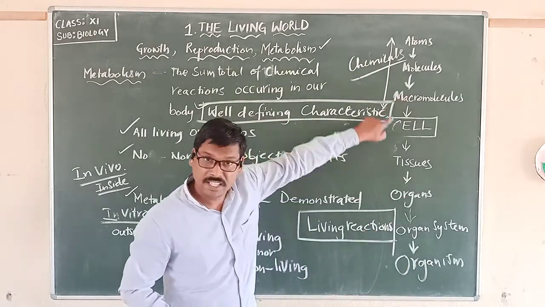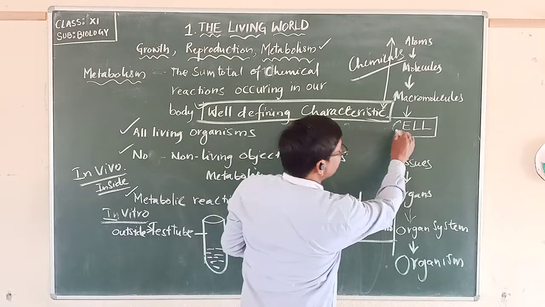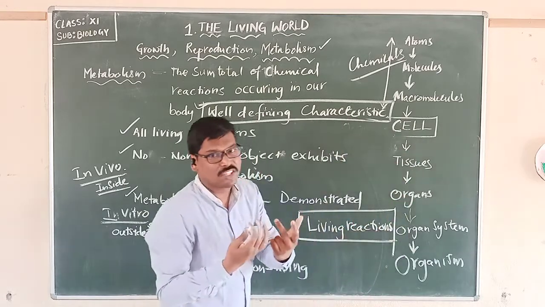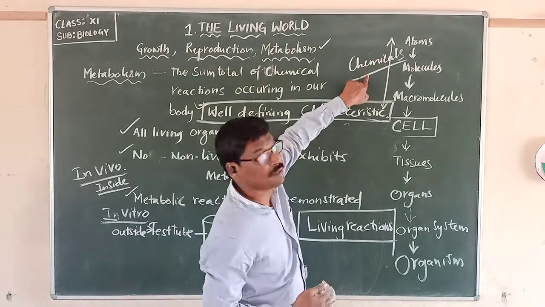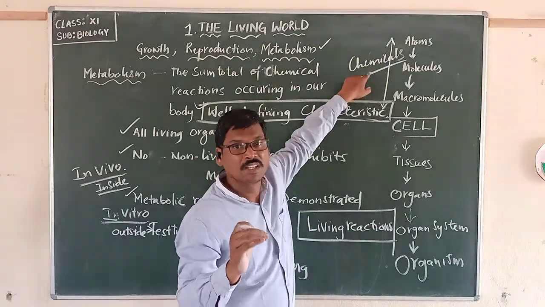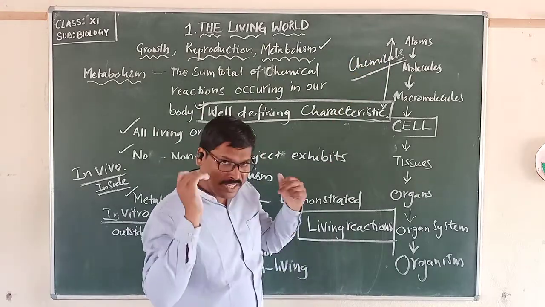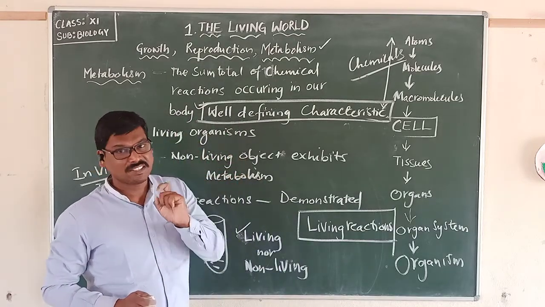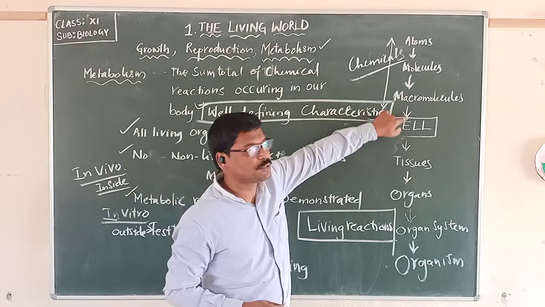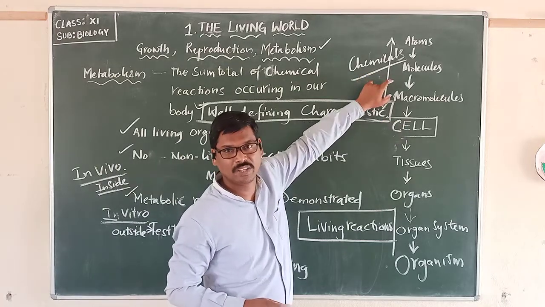In these levels of organization, the cells are the basic units of life or the living organism, which are formed by what? Chemicals. So the cellular organization is also a well-defining characteristic. Please remember that, because every cell is made up of chemicals only.